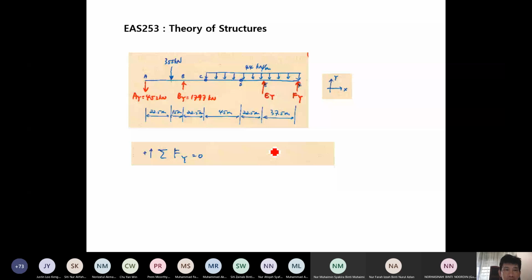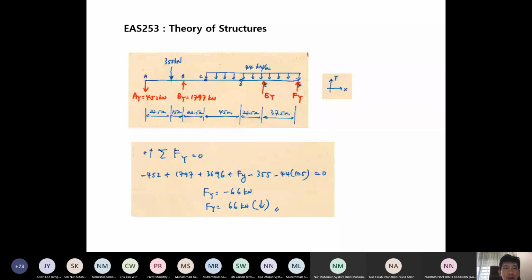So use the equilibrium equation of forces in the Y direction, considering the whole beam. This is just the force coming down. Going down is negative, going up is positive. EY is the one already calculated. FY is the one which is unknown yet.